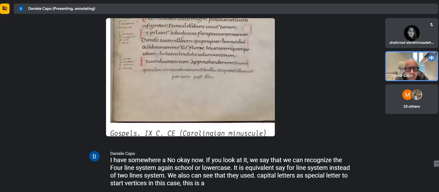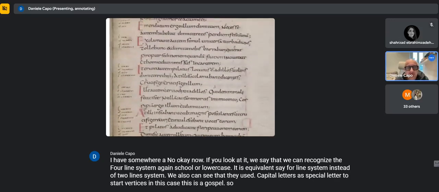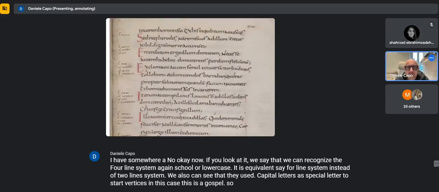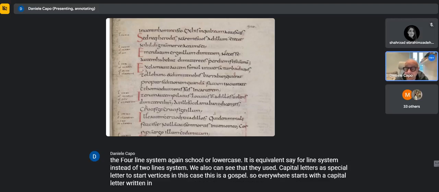This is a gospel, so every verse starts with a capital letter written in red ink to mark the beginning of a new verse.